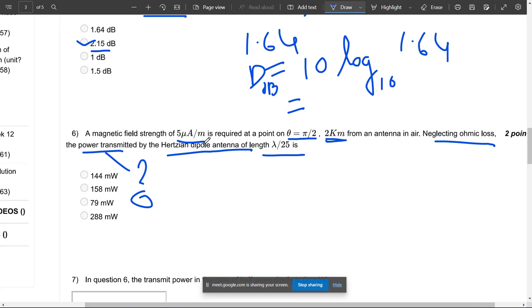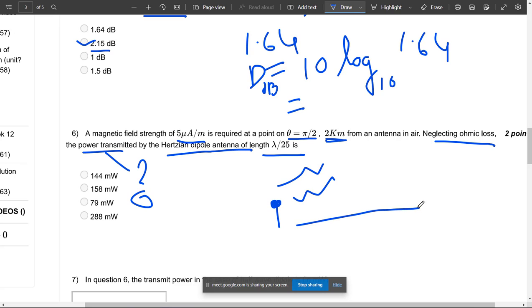We have been given the antenna type. Antenna type is Hertzian. It has a length of lambda by 25. Let's say this is our antenna, and it is transmitting power.